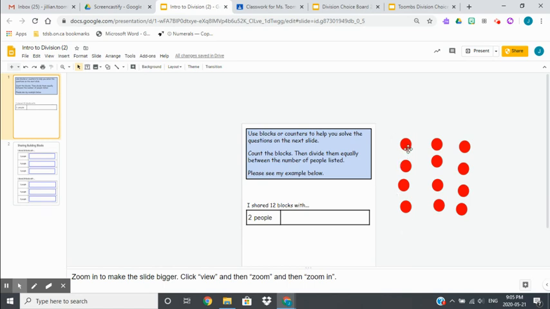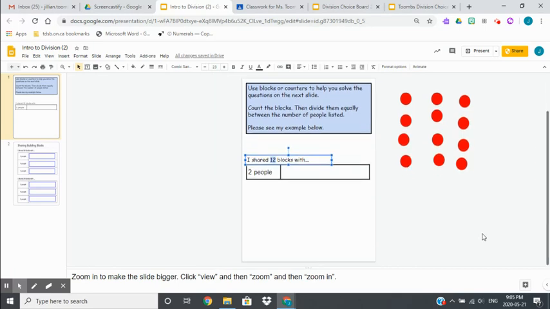But I'm just using these so you can see easily what a strategy might be. Okay, so I've got 12. Let's double check that I have 12. 1, 2, 3, 4, 5, 6, 7, 8, 9, 10, 11, 12. So I should have 12 blocks because my question says I'm starting with 12. And I just double checked that yes, indeed, I do have 12 right over here.